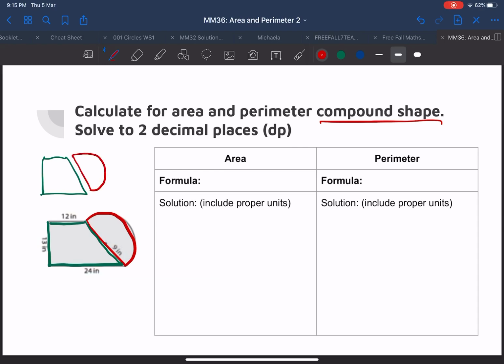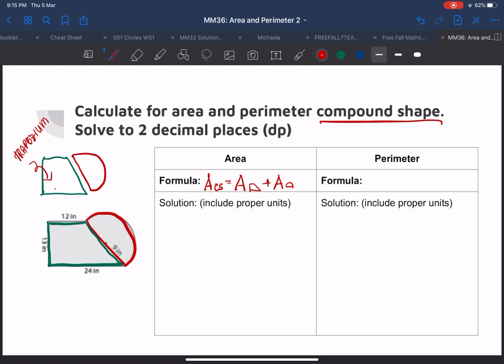So what would the formula be? The area of the compound shape is equal to the area of the trapezium, so I'm just going to copy the shape, plus the area of a half circle.